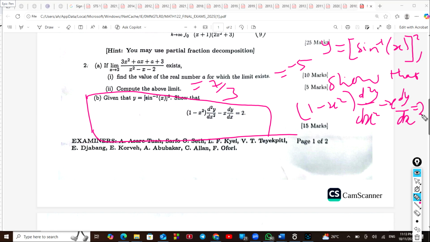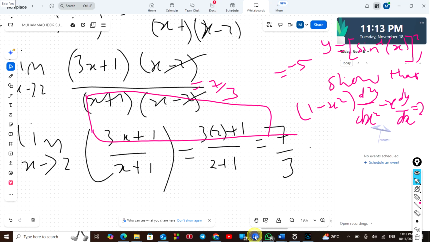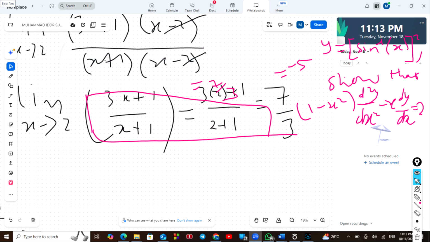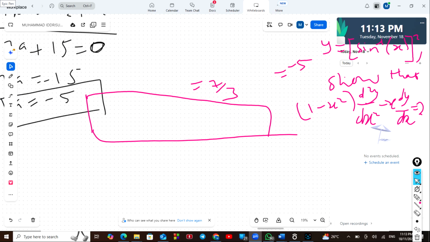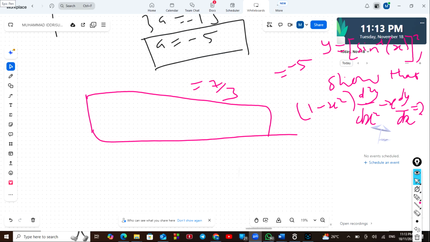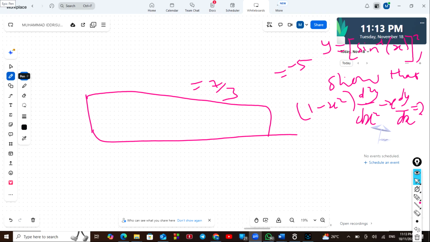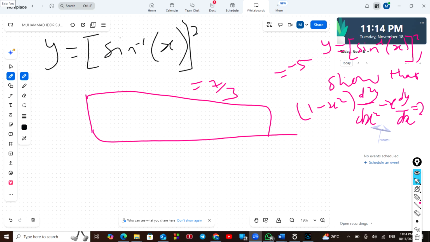So now let's open our workbook again, and let's scroll. So let me copy the function y is equal to sine inverse of x all squared, like this.